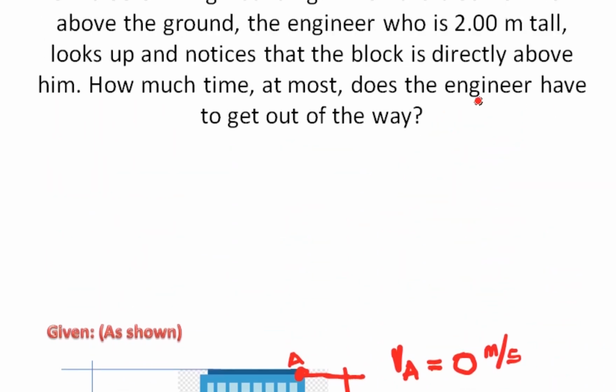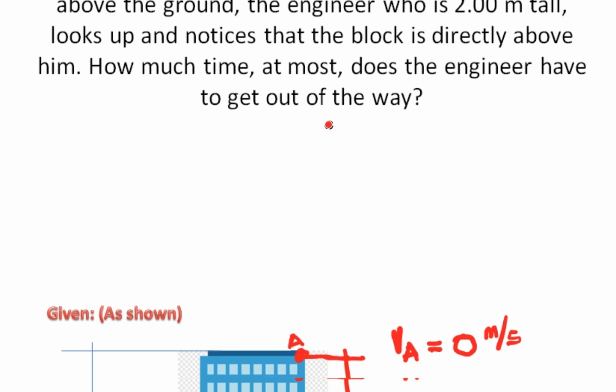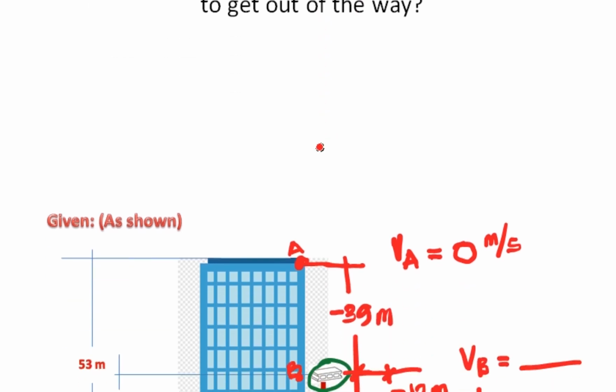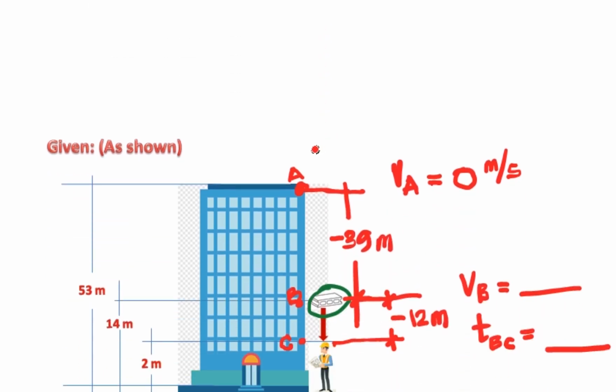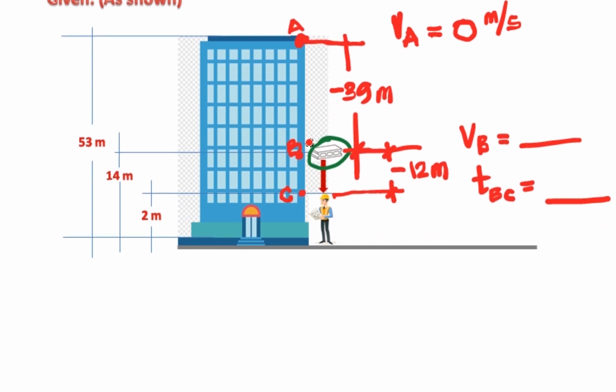The time that the engineer, at most, must have to get out of the way so that he will not be hit by the block.